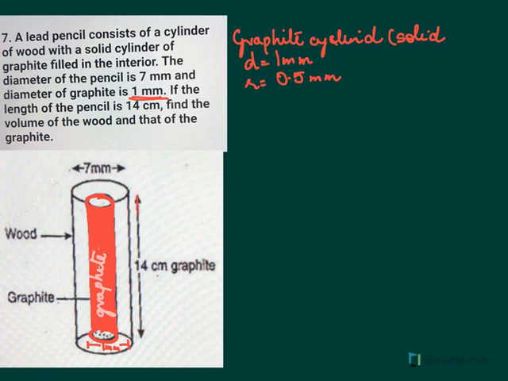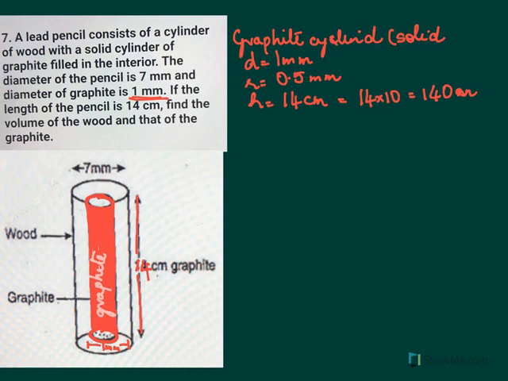Now the length is given as 14 centimeters, or the height you can say in this case of the cylinder, 14 centimeters, and we need to change to millimeters. We need to work in millimeters. So that will be 14 into 10, that is 140 millimeter.